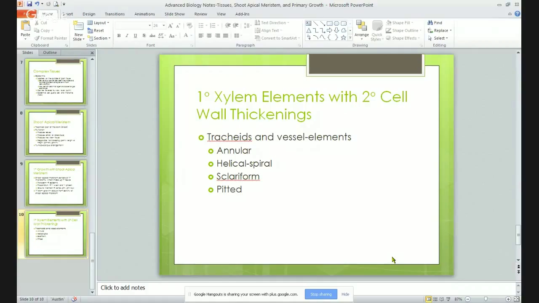The other one has what I'll call striations or lines kind of going there. The completely open-ended vessel element is going to have what we call a simple perforation plate. So there's no extra tissue; it's just completely open. And this occurs in more complex plants.